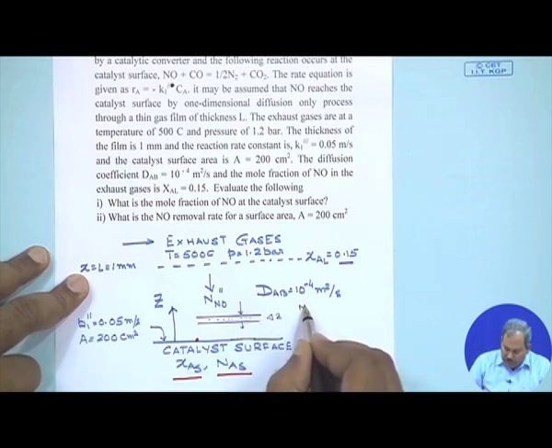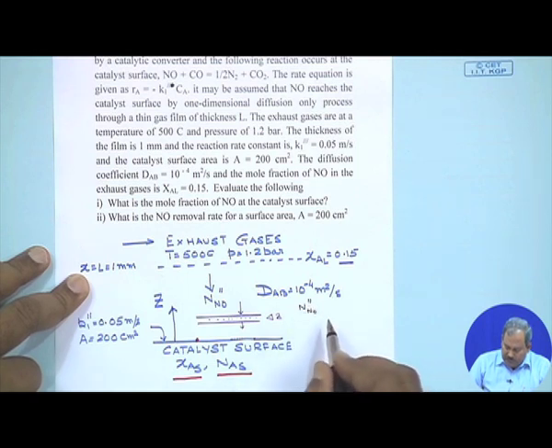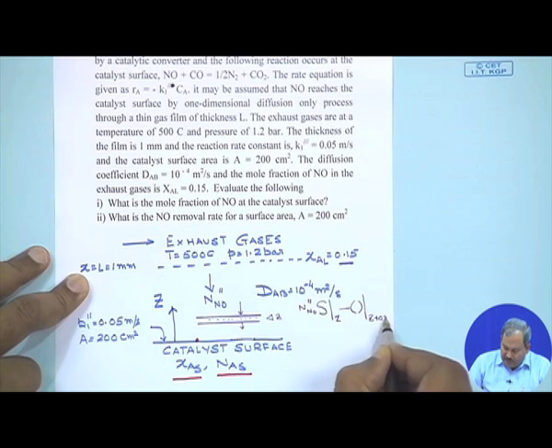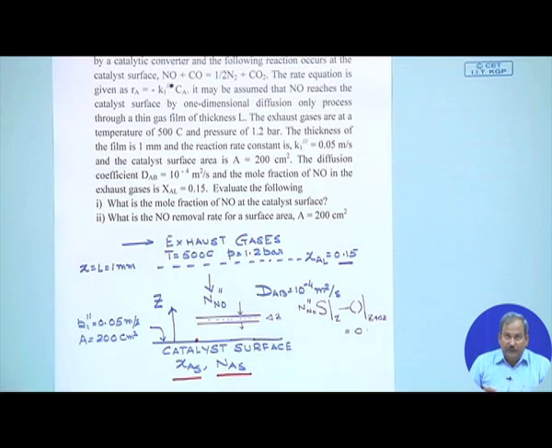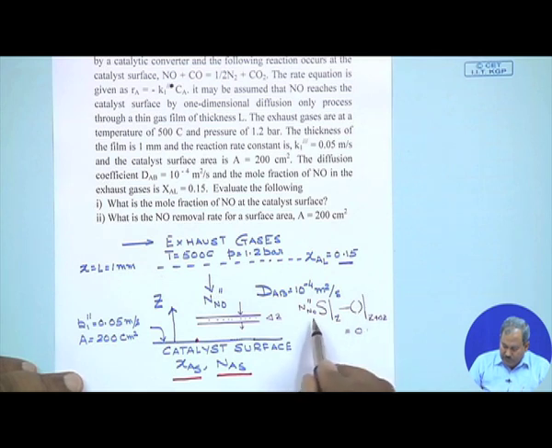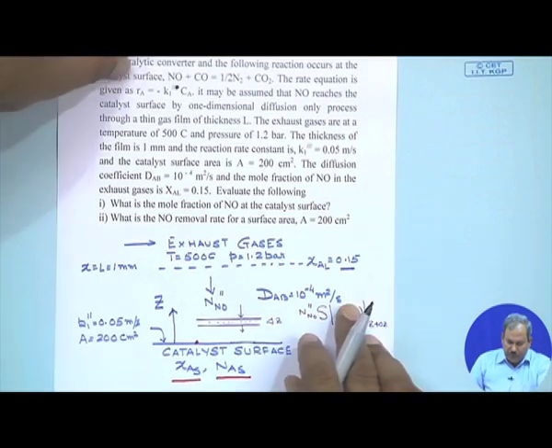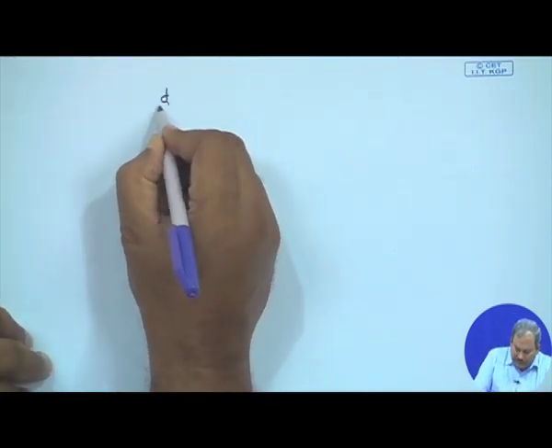So if I say this is NO, this is the flux, and the flux multiplied by the area evaluated at Z minus the same thing evaluated at Z plus delta Z would be equal to 0. So this would be the governing equation for solution of this problem, and when you divide both sides by delta Z, your governing equation would look like d dz.